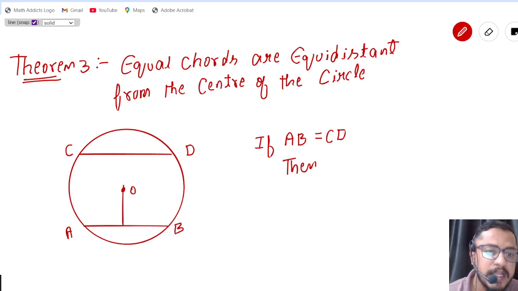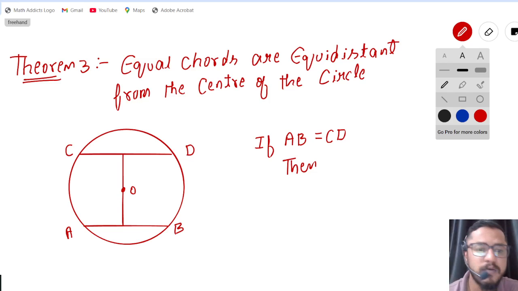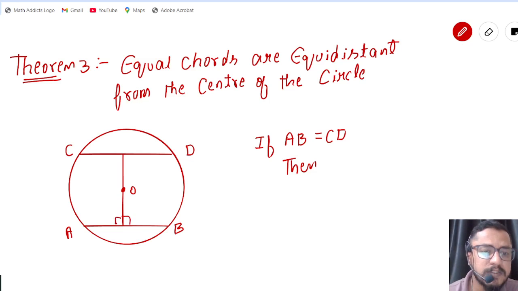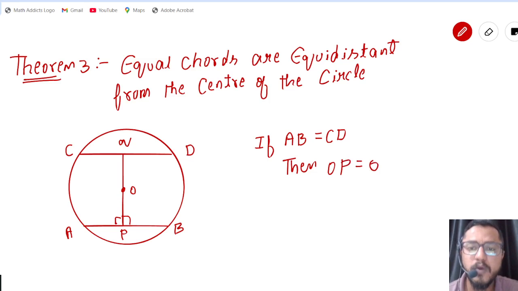If I call this OP, this OP will be equal to OQ. If chords are of equal length, then the distance from the center will be equal. Then the result: OP will be equal to OQ.